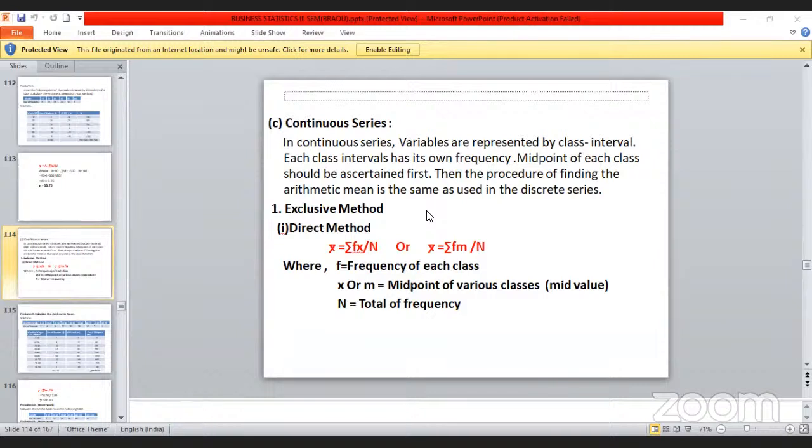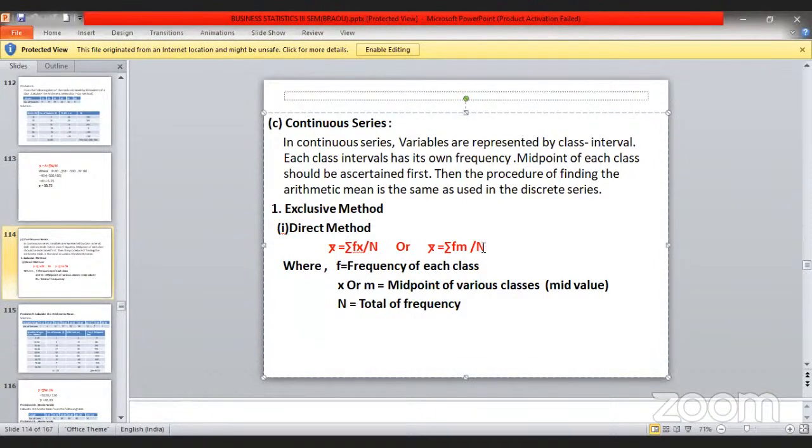In the same way you have to do it. Understood? Now first we'll take the exclusive series, that is the direct method. Your formula is sigma fm divided by n.